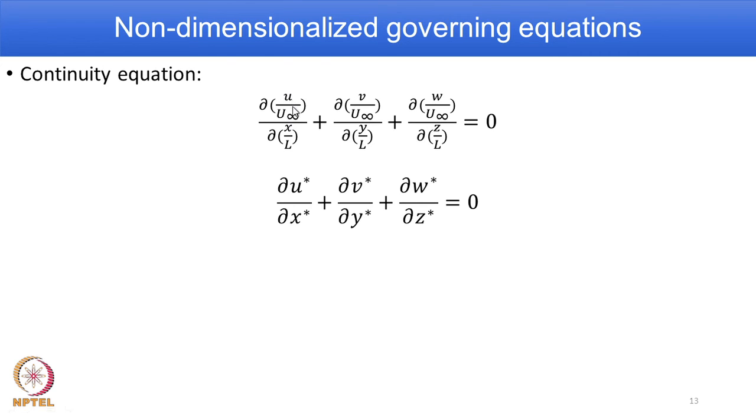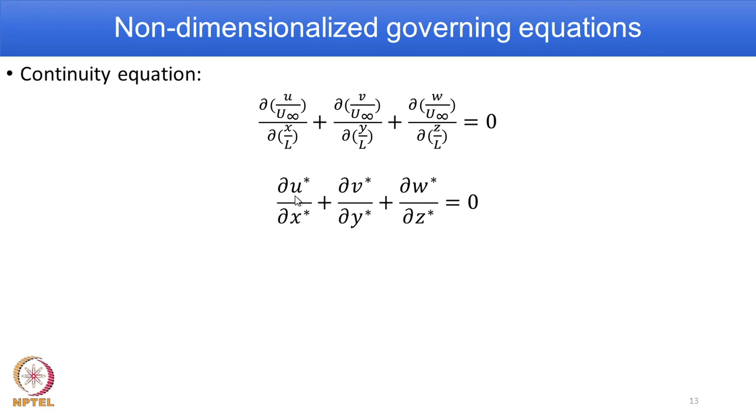We also define u/u∞ as u*, x/L as x*, and so on. So, we get ∂u*/∂x* + ∂v*/∂y* + ∂w*/∂z* = 0. This equation is the non-dimensionalized continuity equation.